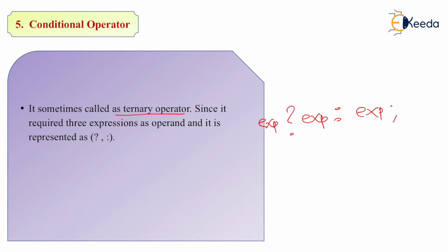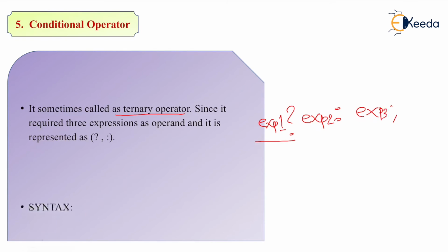Now what happens? Firstly, the first expression will get checked. If this expression returns true, then the second expression will get executed. But if the first expression returns false, then the third expression will get executed.